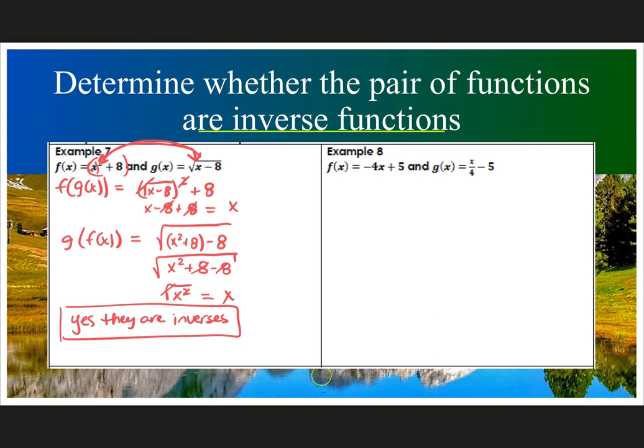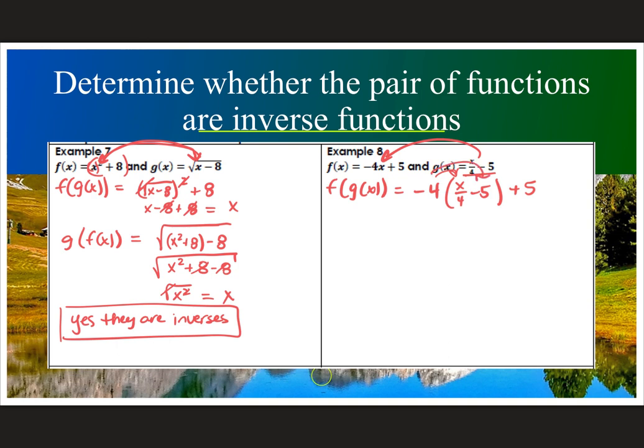So we're going to do the same thing here. So we're going to do f of g of x. And so I'm going to start writing my f function. And I'm going to leave parentheses where the x is, because I'm going to take this and put it in where the x is. And so I'm going to do x over 4 minus 5 in the parentheses. And then I have to simplify it, so I'm going to just do the standard distribution and go from there.